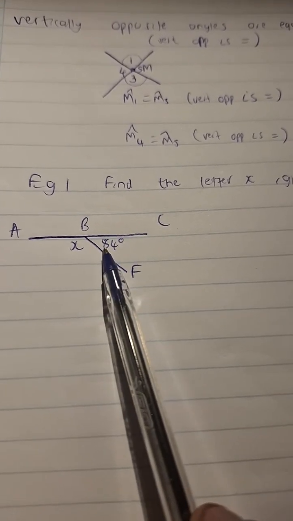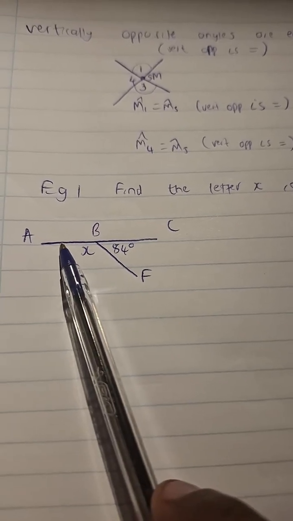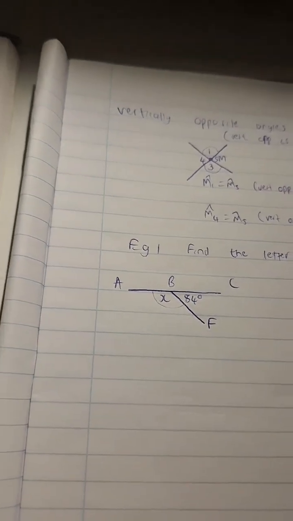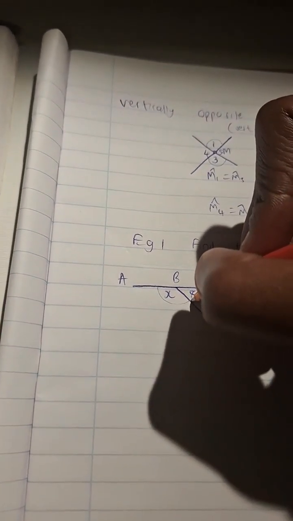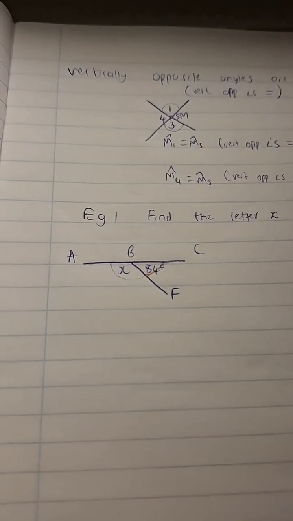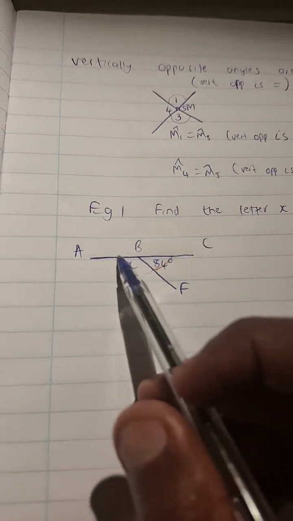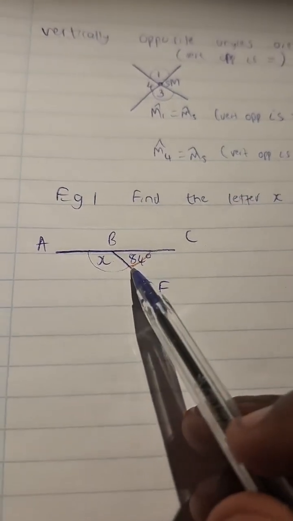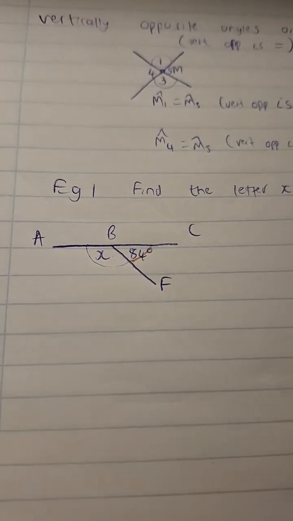So we have 84 degrees, we have X. If we look from angle X to this line, and then from this line, covering the 84, I'm sure you can see what I see: from here to there, that's X, that's the letter I need to find. And then from here to there, it's 84.